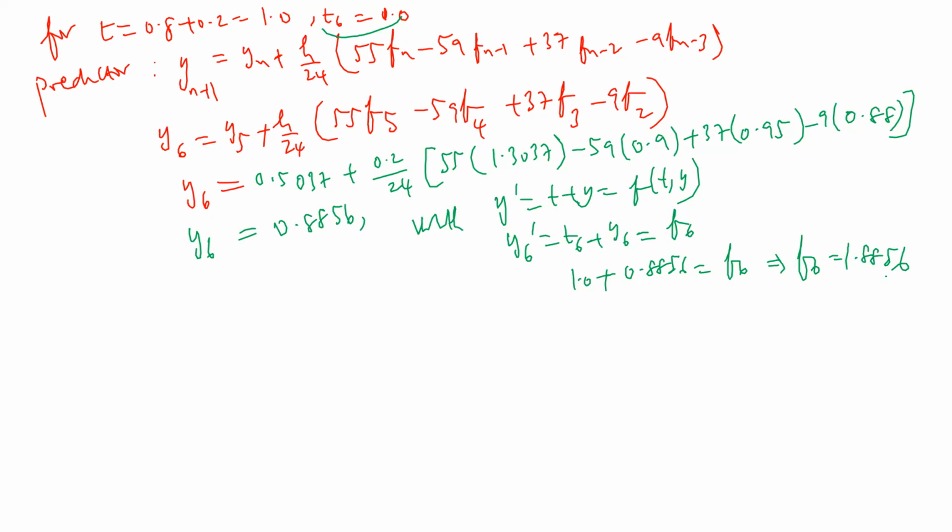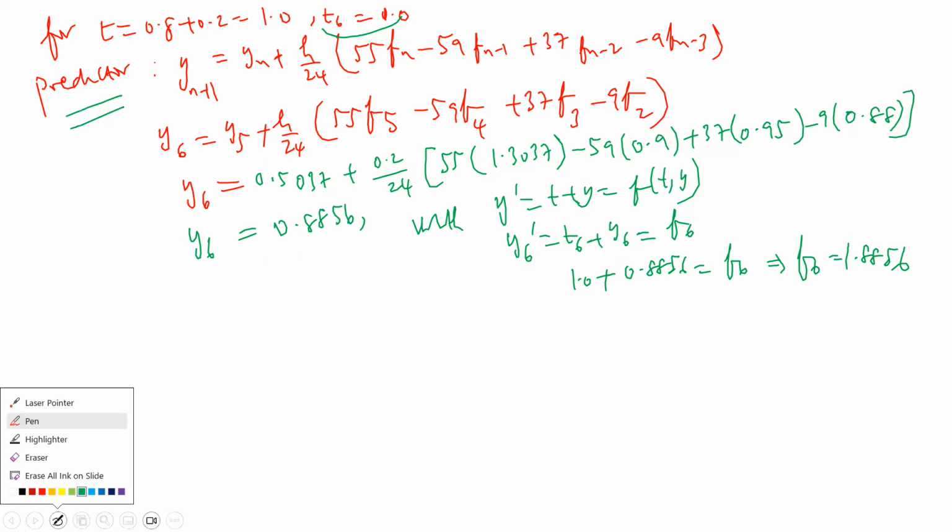So now this is what we did, but the things we did here were for the predictor, and now we just go to the corrector in just a split second.